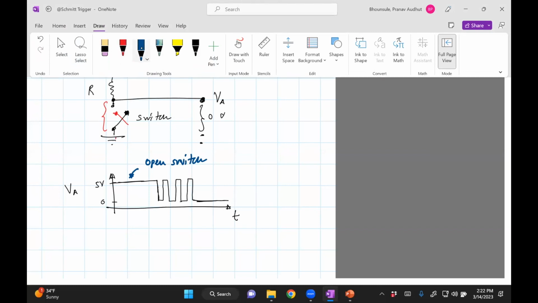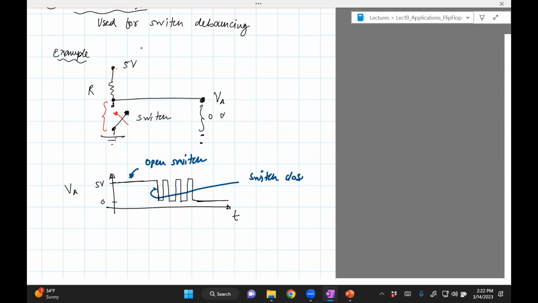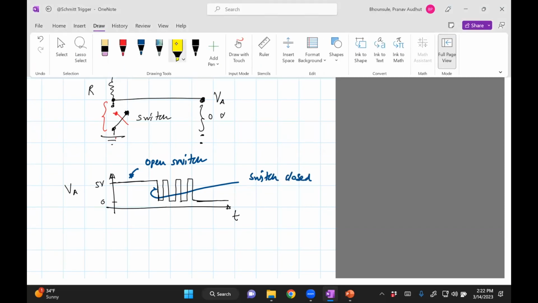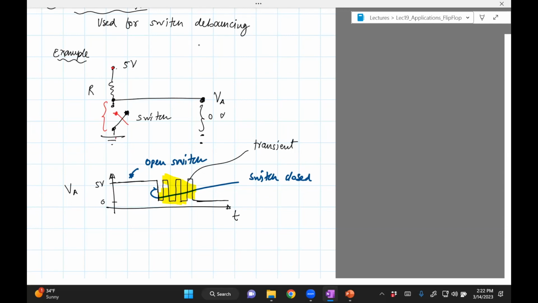Let's say the switch is closed. And this part is the transient, which is not good for the person who's closing it, but also not good for the circuit. So you need to ensure that you don't see this bouncing.